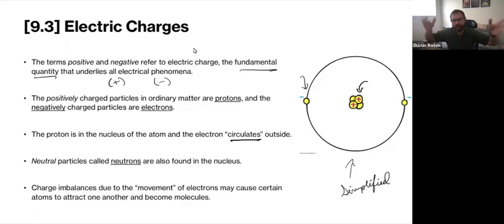You'll always find electrons outside. You'll find protons inside of the nucleus. And then, of course, you see these neutral things in here, and those are actually neutrons. They have no charge. They're a very similar mass to protons, but they just sort of hang out and give the nucleus extra mass.